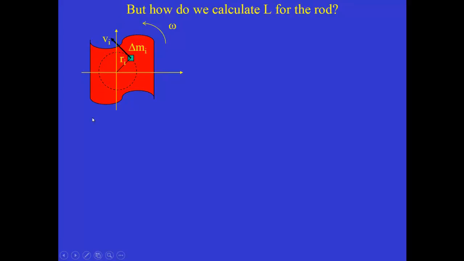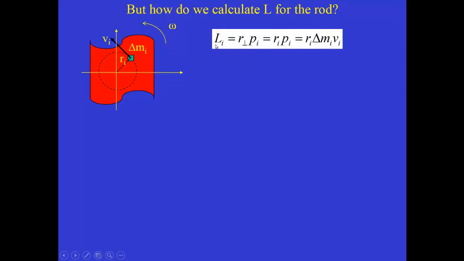We'll return to this arbitrary shaped object. It's rotating about an axis that passes through the origin. And we'll look at one mass piece of that object at a distance r away from the axis. So remember, we said if we are only concerned about the magnitude, we can write the magnitude of the angular momentum of that piece as just r perpendicular times p.